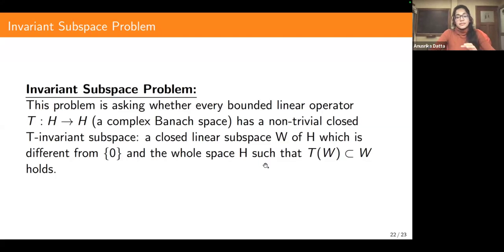This problem has been studied for a long period of time, and a few special cases have been settled. It has been proven that it's not true for Banach spaces, as there is a counterexample, but for Hilbert spaces the problem is still open till now.